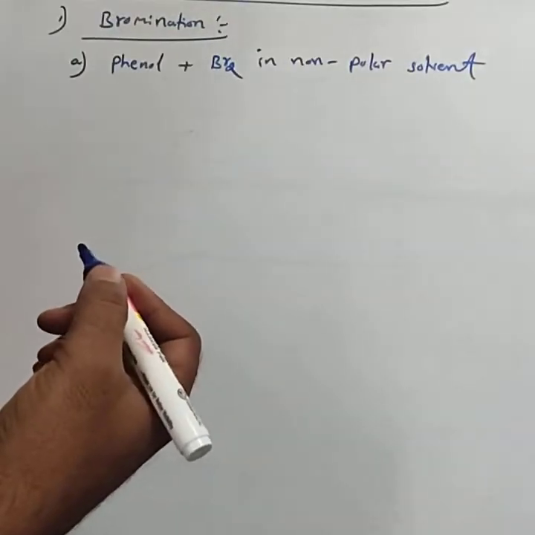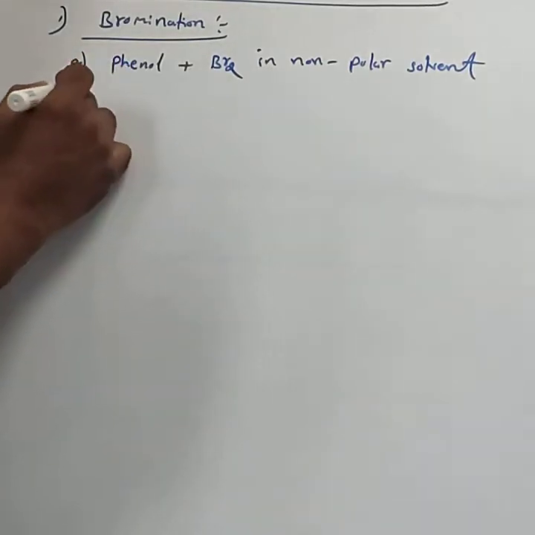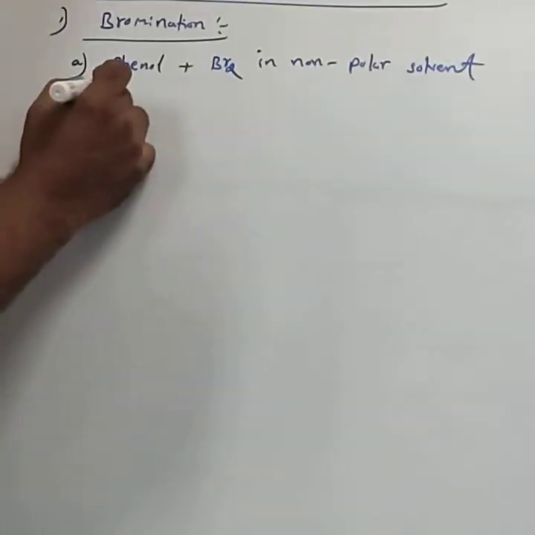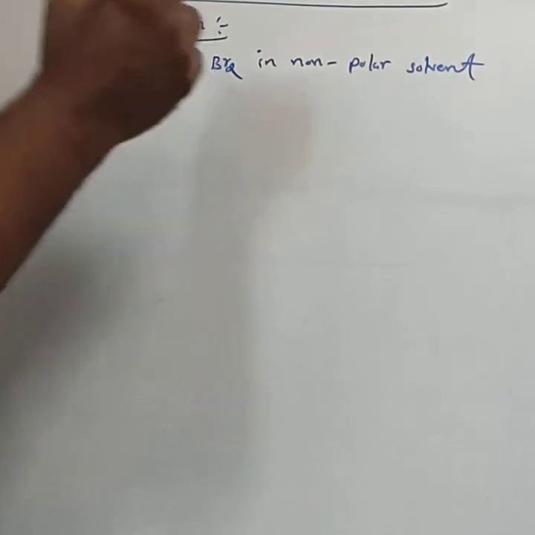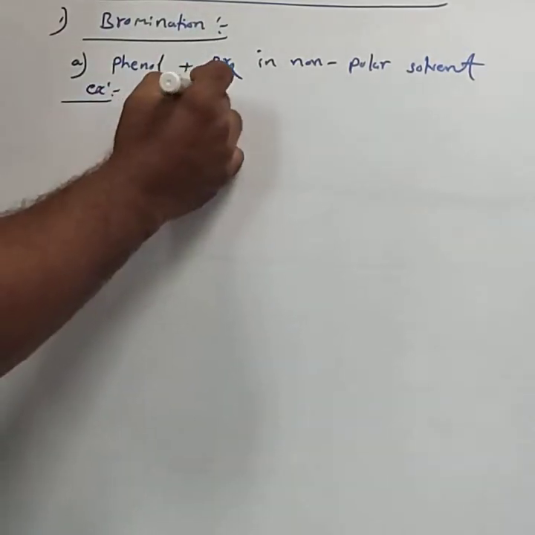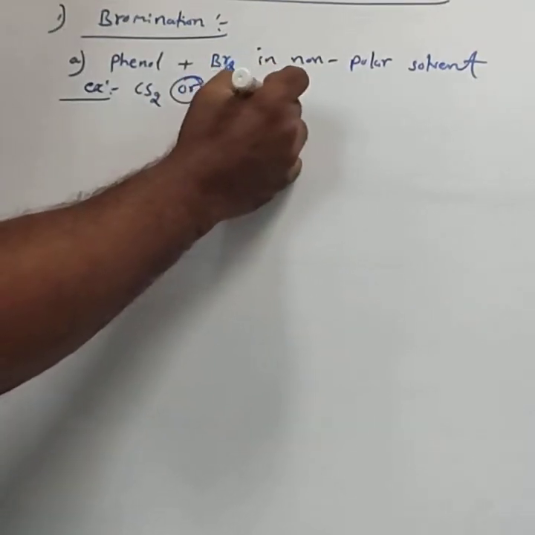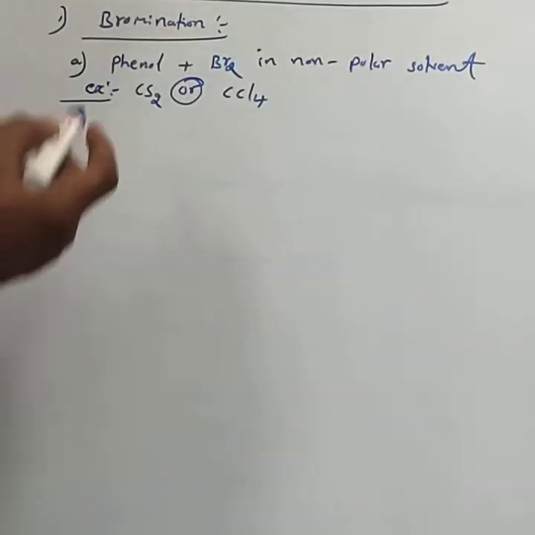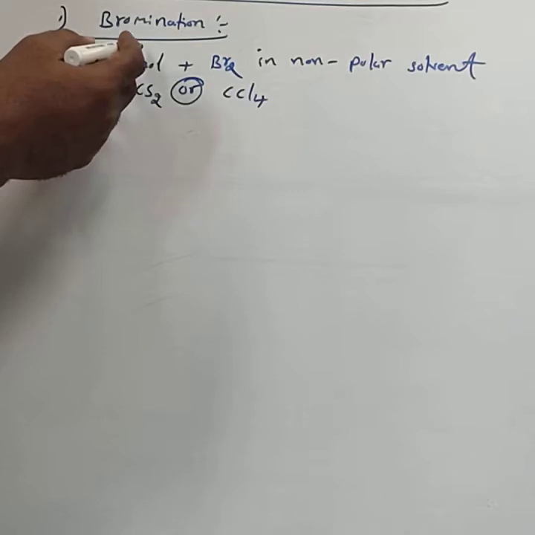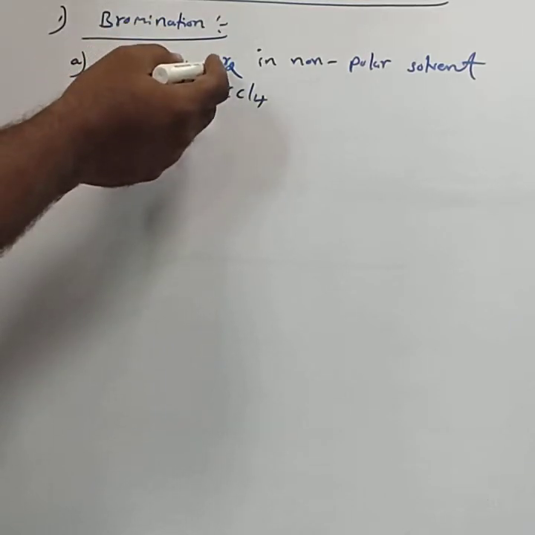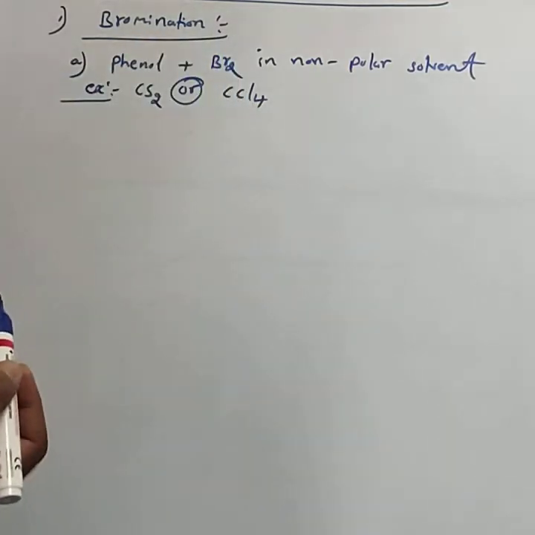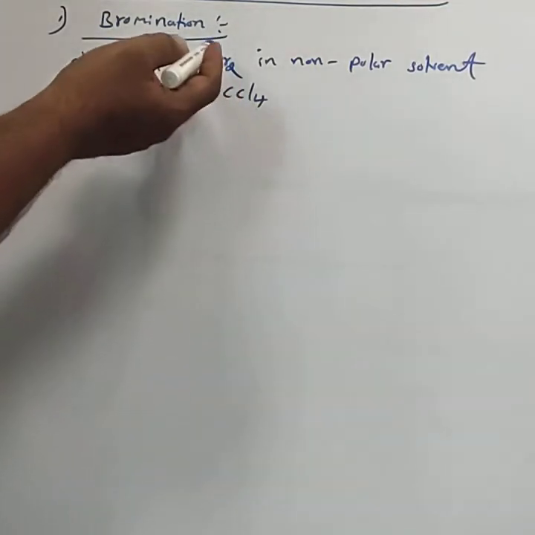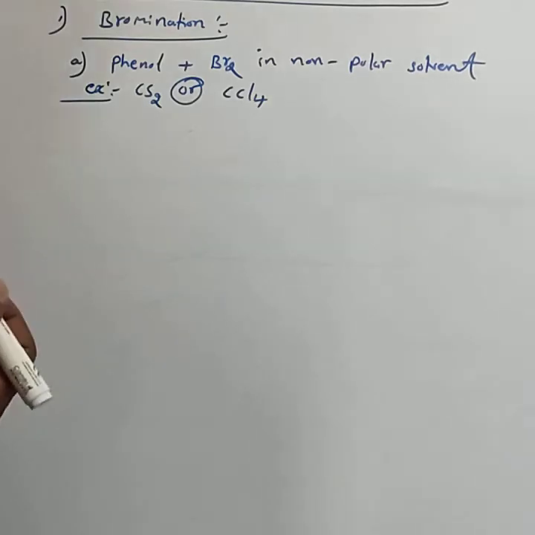Examples of non-polar solvents are carbon disulfide or carbon tetrachloride. Consider what happens when phenol is treated with bromine in CS2 or in CCl4.